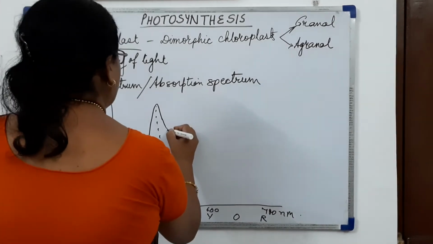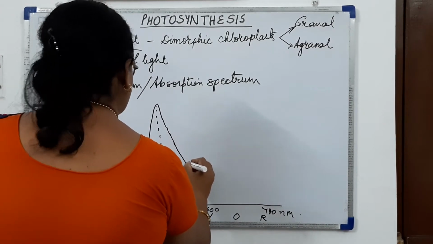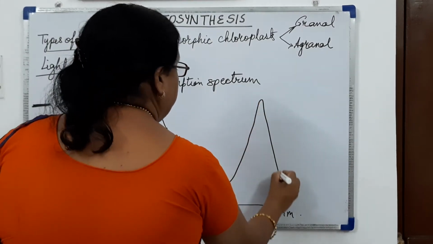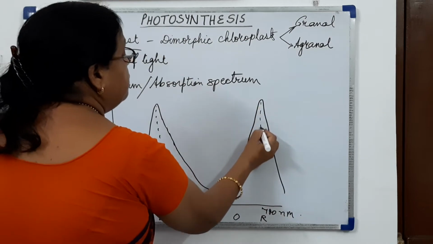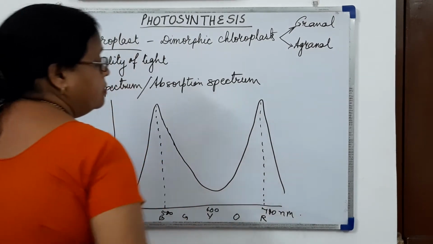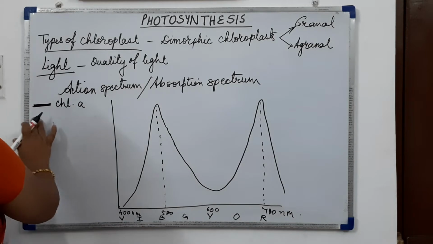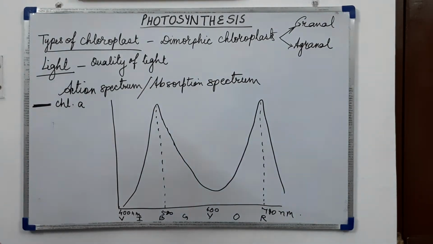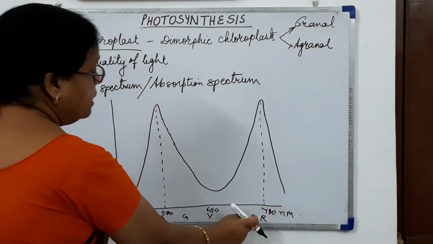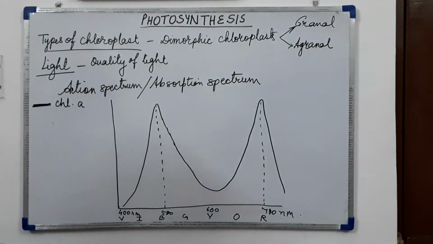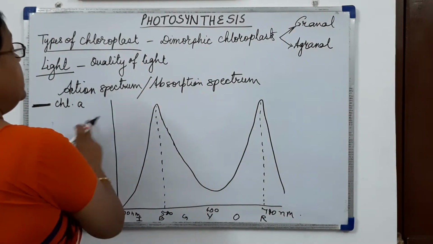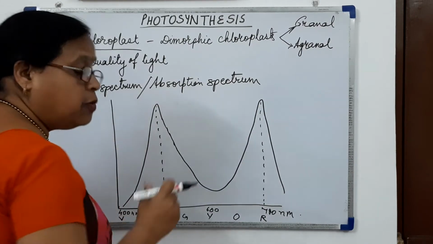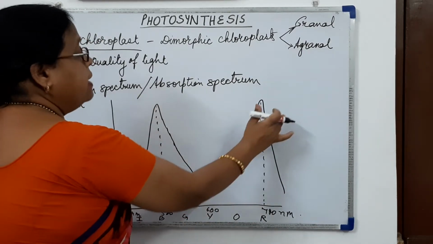Then it falls down, and again it shows a steep rise when it falls in the red wavelength. So we can say that chlorophyll A is absorbing the wavelengths in the blue and red regions. So maximum photosynthesis by chlorophyll A takes place in the light of blue and red.